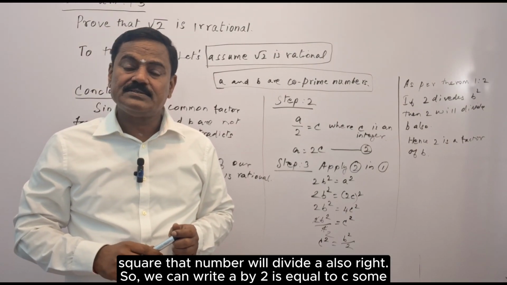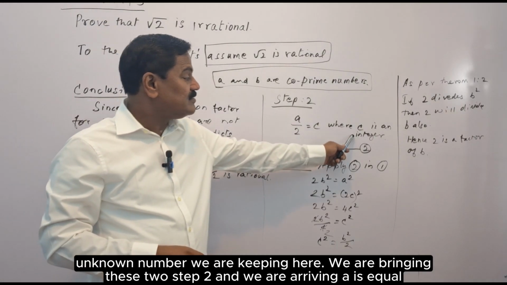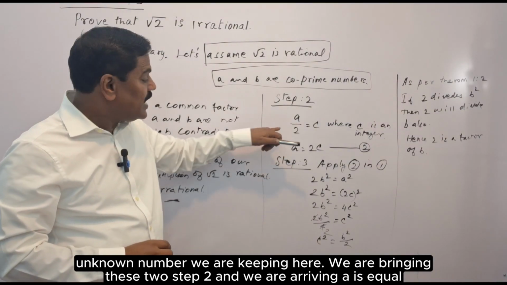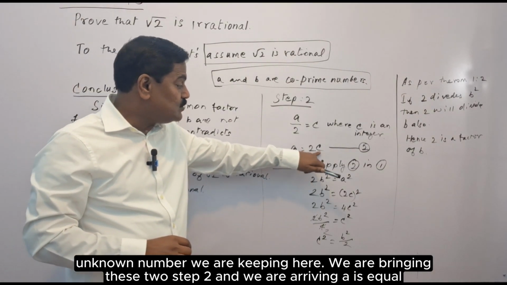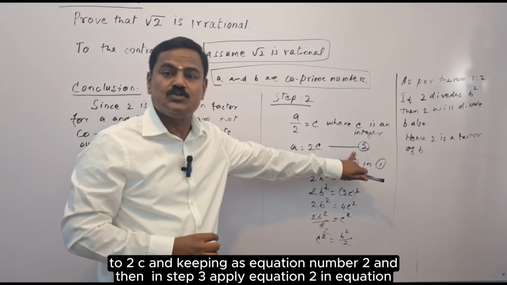So we can write a/2 = c, some unknown number we are keeping here. We bring this to step 2 and arrive at a = 2c, keeping it as equation number 2.